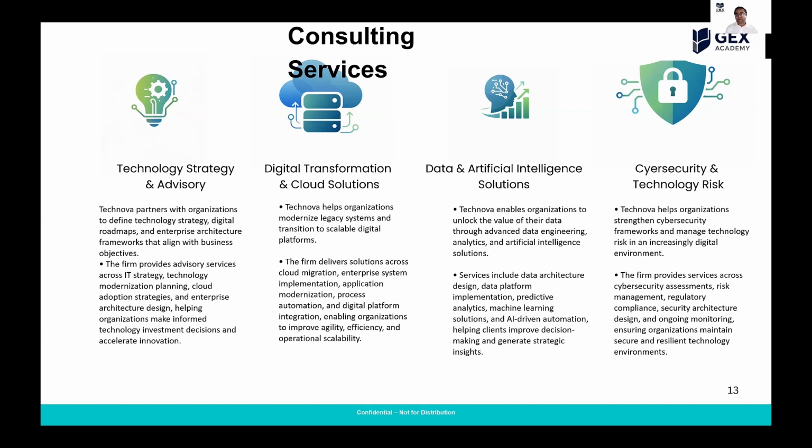The second service area here is digital transformation and cloud solutions. It's one of the largest and fastest growing areas within technology services, right? Organizations across virtually every industry continue to migrate applications to the cloud, modernize legacy systems, automate business processes, and deploy new digital platforms, especially with AI. Right.